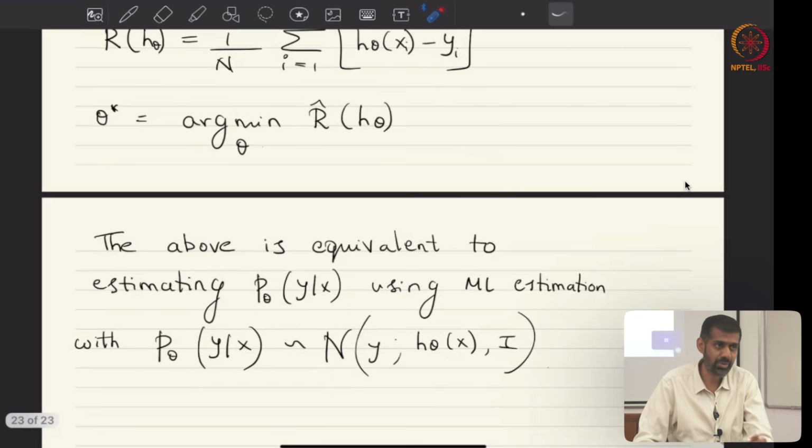In this case it happens to be the conditional distribution with a distributional assumption on that particular distribution, and the parameters of that distribution will be the same as your hypothesis function. So that is the equivalence.